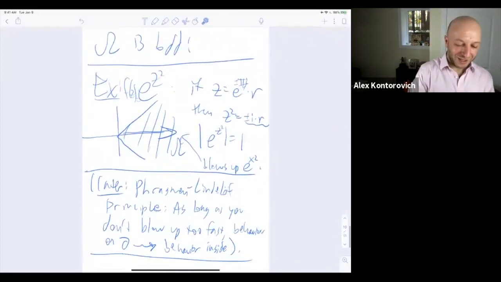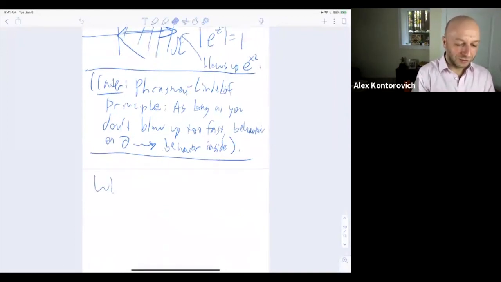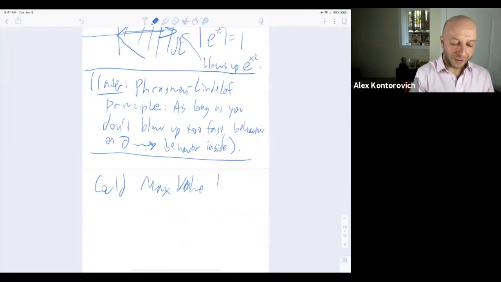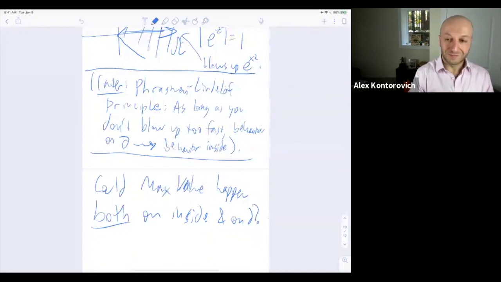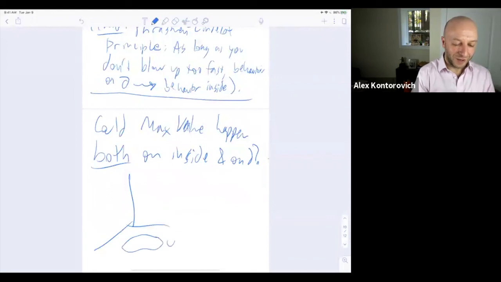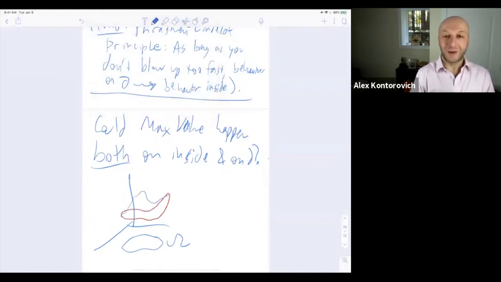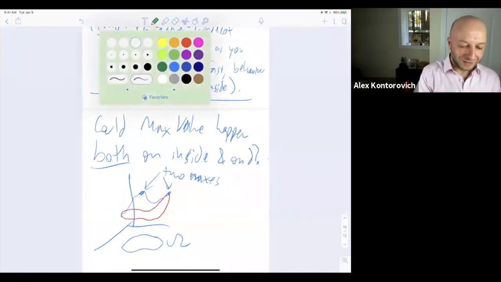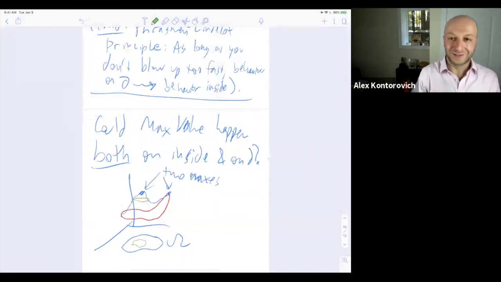So you're saying the max value could happen both on the inside and on the boundary. Okay, so the hypothetical situation is, here's my region omega, here's my boundary curve, which has a maximum, but the inside part also reaches that same maximum. So these are at the same height, two maxes. Okay, so here's what I'm going to do. I'm going to take a slightly smaller region around where your interior maximum was.